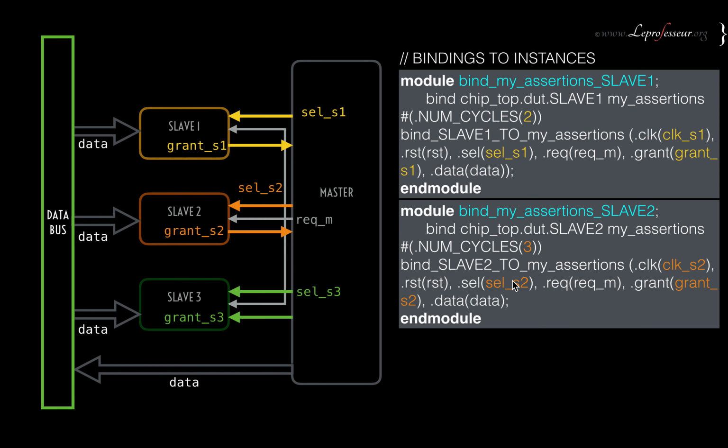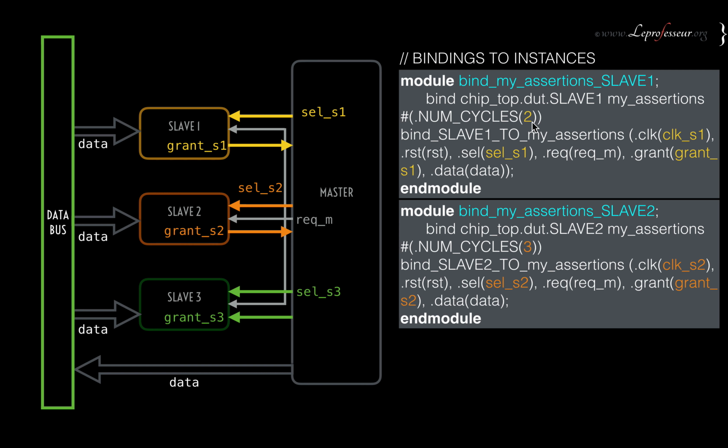So as you can see here, for each instance we define one bind module. So if you have, let's say, 80 slaves or 100 slaves, you may have to write 80 or 100 instances if you want to change the parameters here.